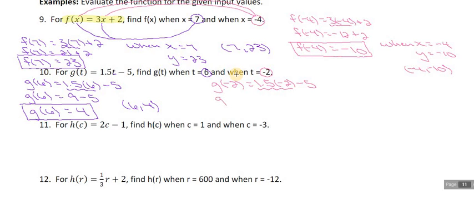PEMDAS: 1.5 times -2 is going to be -3. Drag down the minus 5. So g of -2 equals -8. So when t is -2, g of t equals -8. So when x is -2, y is -8.